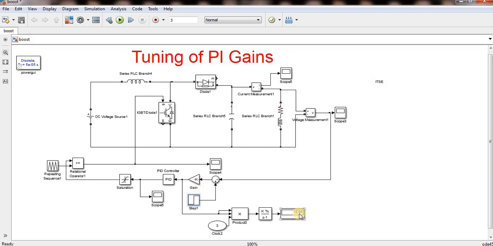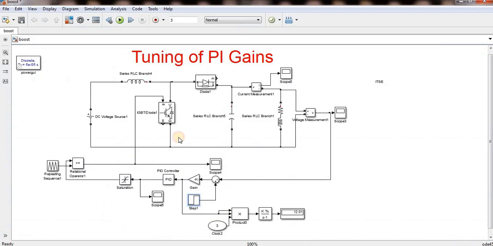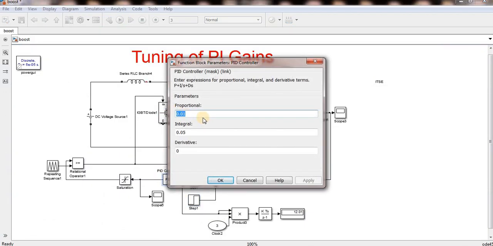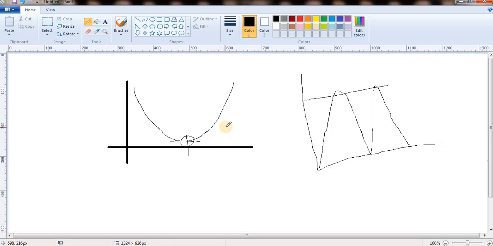So let's see, it is 12.01. My output is 12.01. Now again I won't change my value of ki. Only I will change my value of kp to 0.03. Let us see how it will work. The basic thing is that kp will help you reach your desired value quickly, and ki can help to minimize the oscillations in steady state.